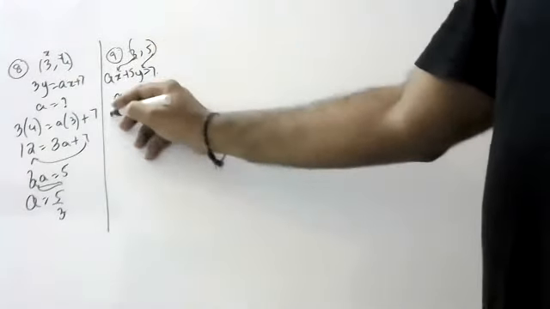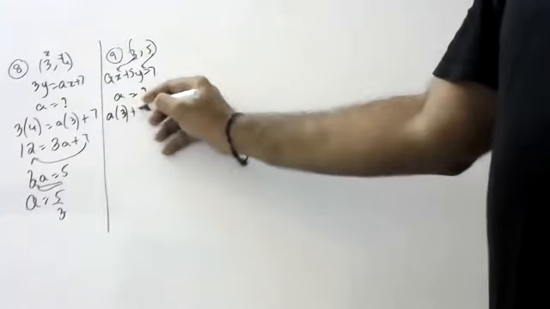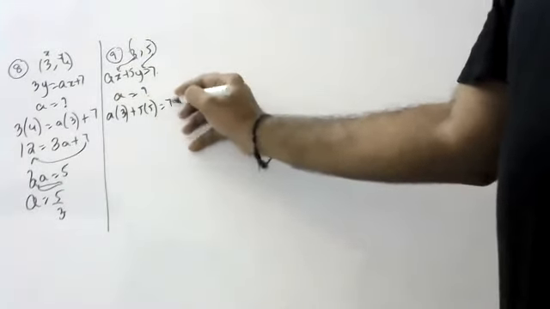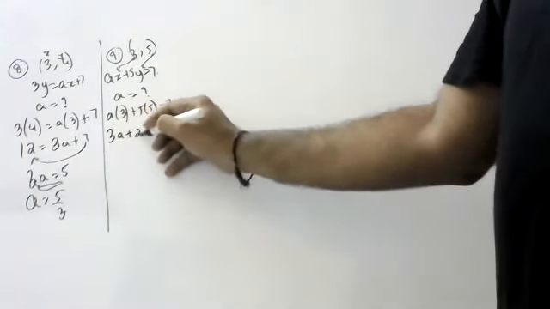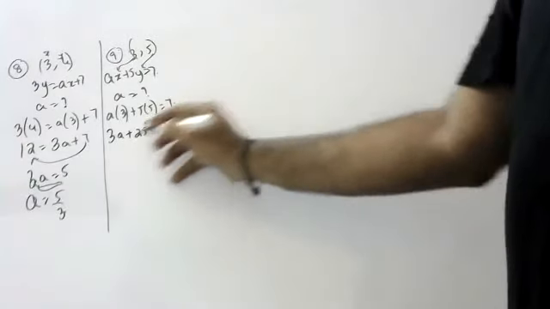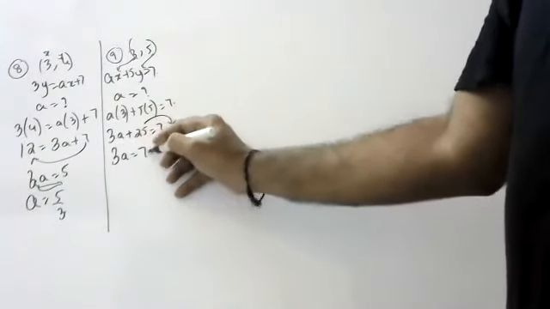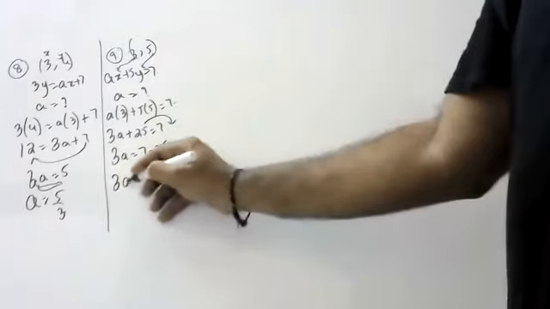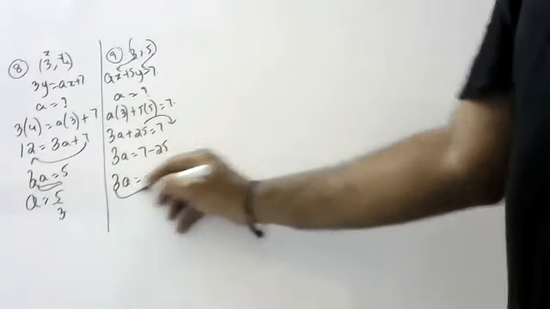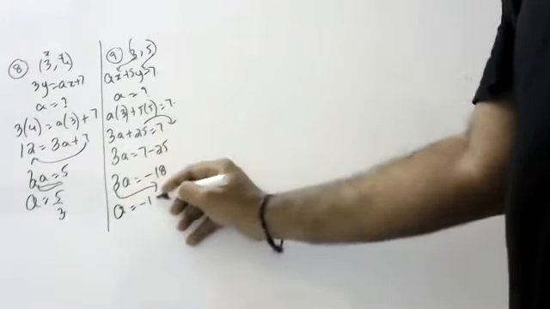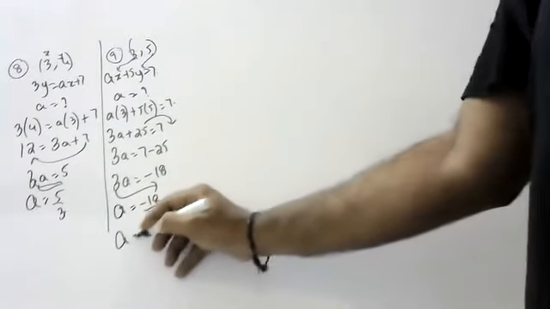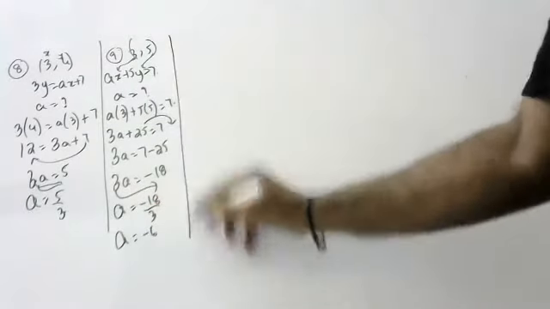So in place of x we have to take 3, and in place of y we have to take 5. 3a plus 25 equal to 7. 3a equal to 7 minus 25. 3a equal to minus 18. a equal to minus 18 by 3. a equal to minus 6.